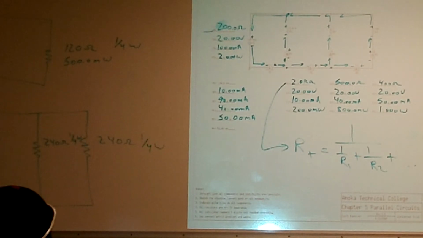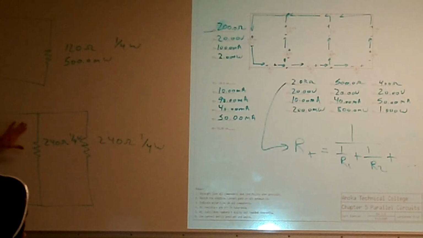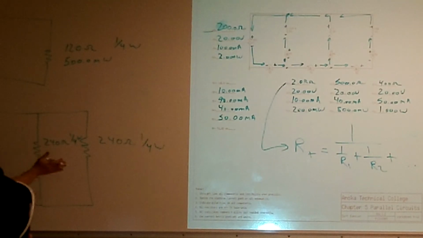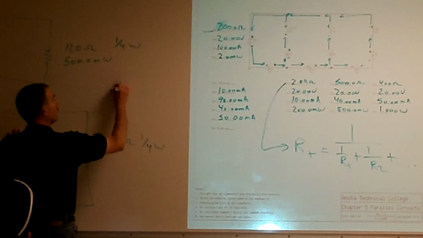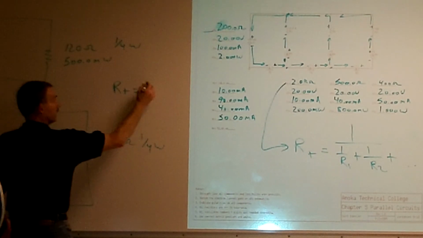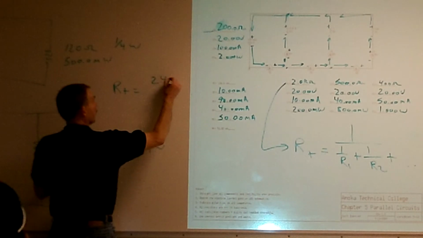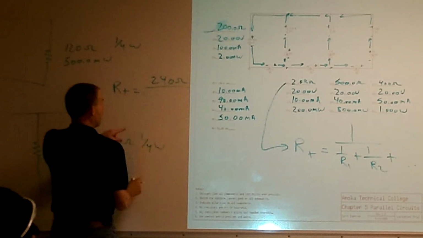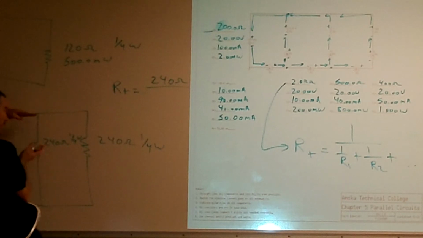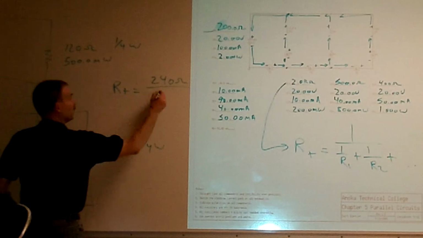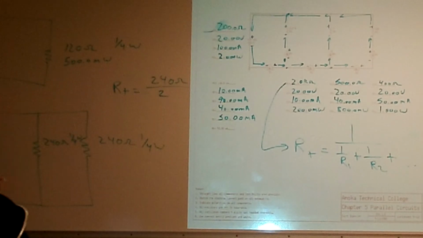My total resistance of this circuit is, since I have two resistors the same, it works out really nice. All I have to do is find my RT: I take my resistor value, 240 ohms, and divide it by how many I have in my circuit. So if I have two 240 ohm resistors in parallel, I can just divide by 2.